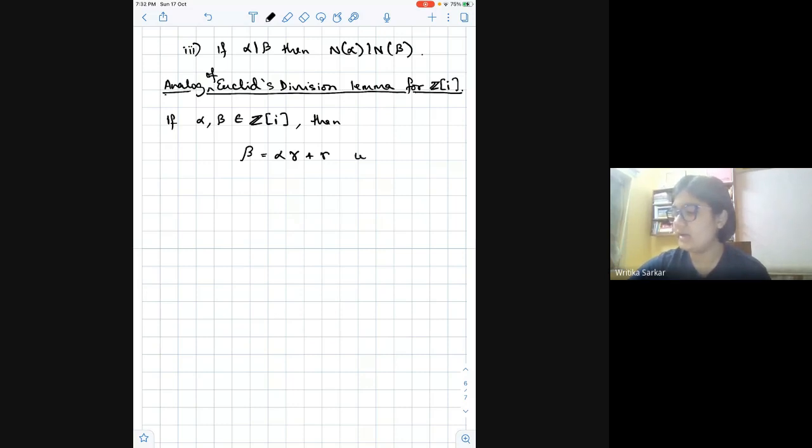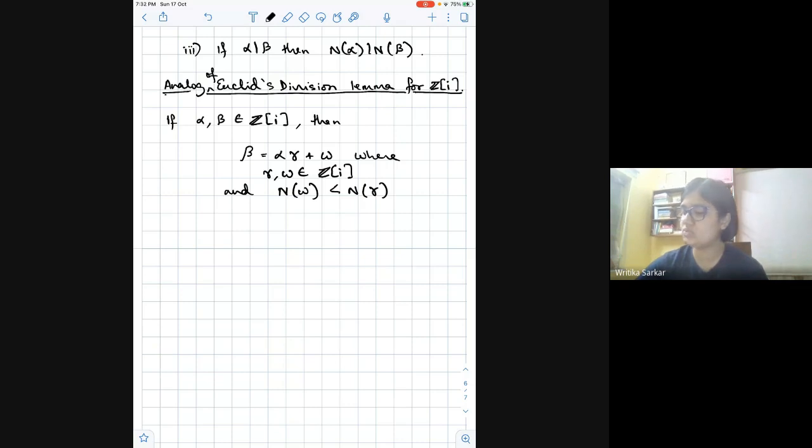Plus r, where gamma and r, they look very similar. I'm not going to use r, I'm going to use w, where gamma, w belong to Zi. And the condition is that you'd expect the norm of w is less than the norm of gamma, but what you get is actually stronger.